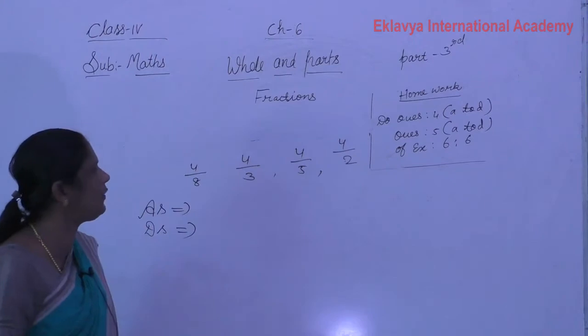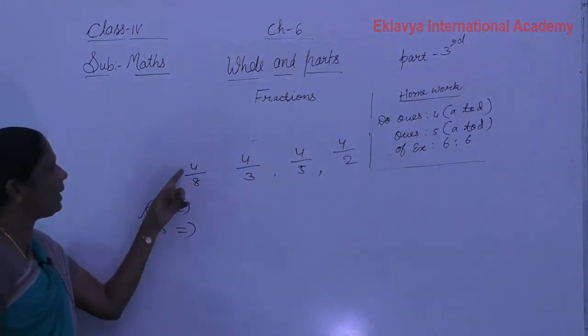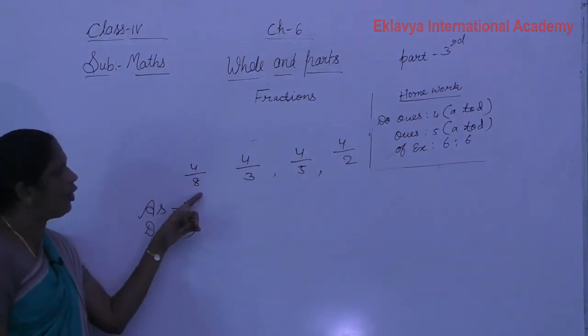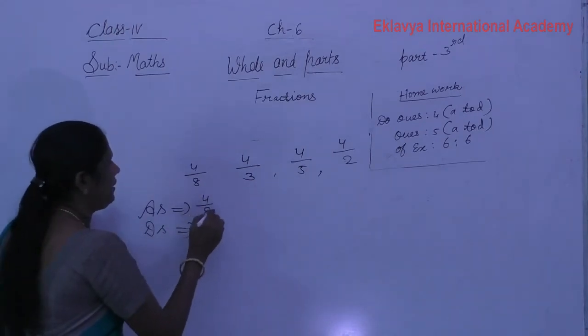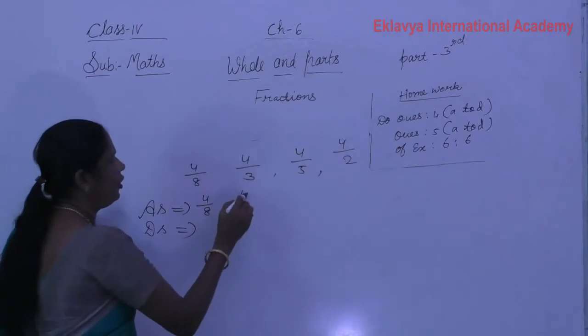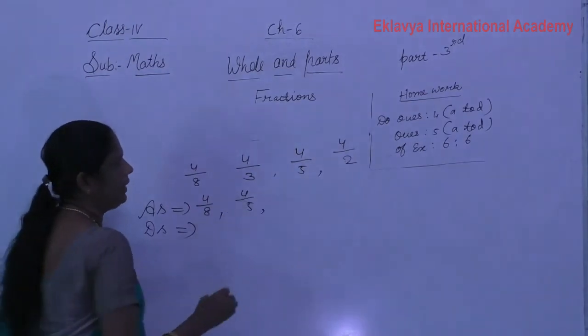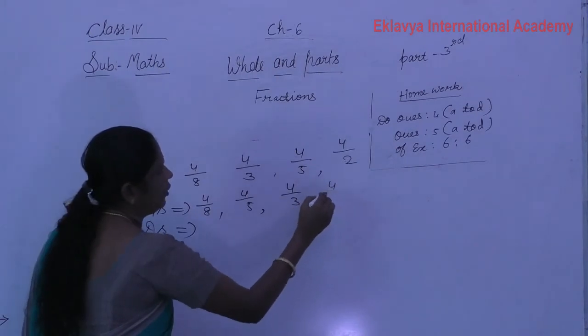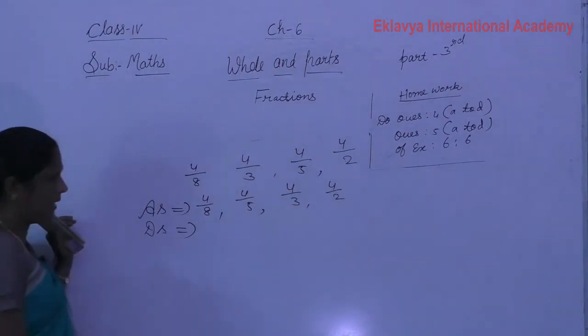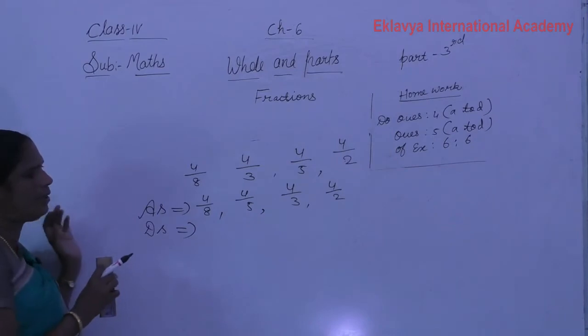Which is the smaller fraction here? 4 by 8. 4 by 8 is smaller. Then 4 by 5, then 4 by 3, then 4 by 2. Understand? Then descending order.